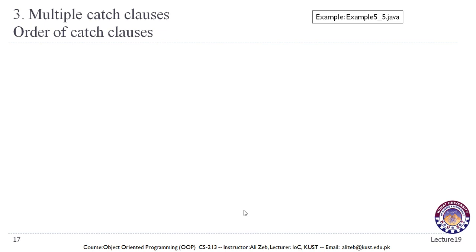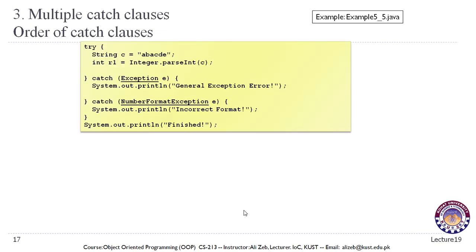Now let's look at our last case, where we look at the order of catch clauses. For example, we have the same kind of code in our try block that will generate an error. Now what we are doing over here is using a different order of handling these exceptions.